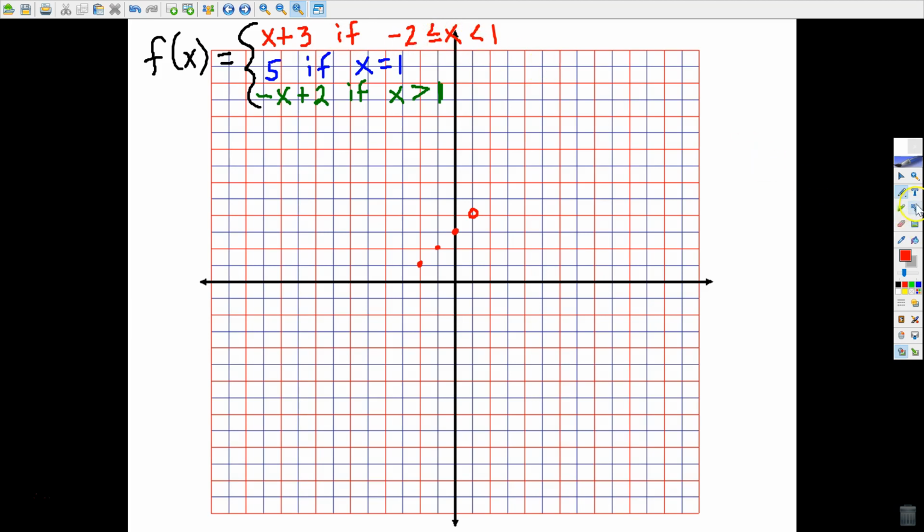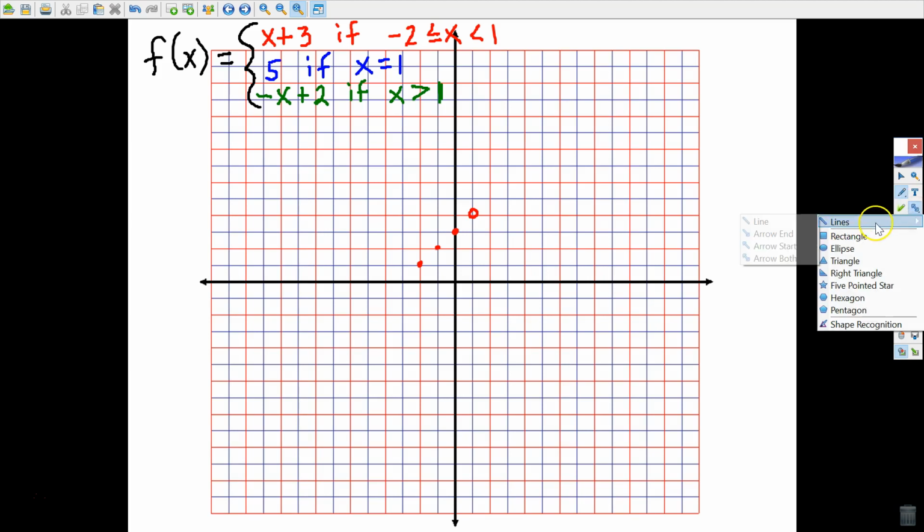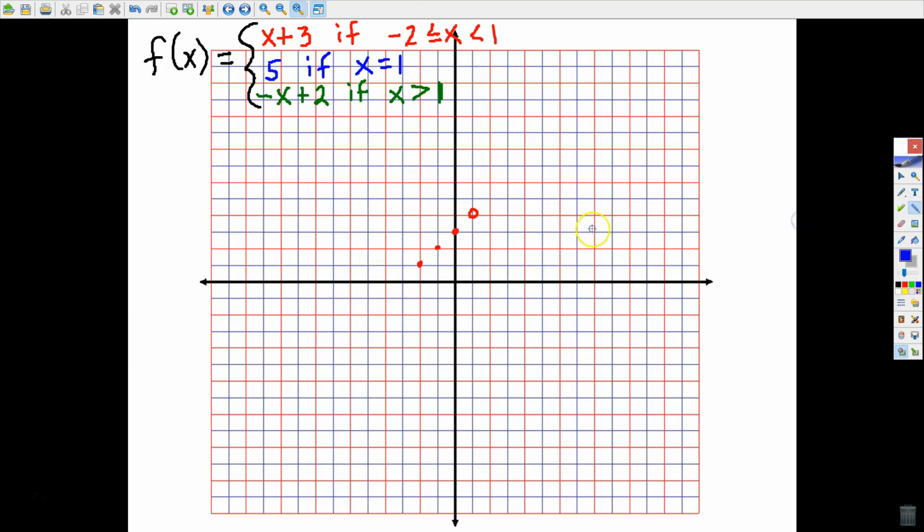Okay, so let's just put a little line segment here. Change color. Yeah, I guess that's going to be close enough.